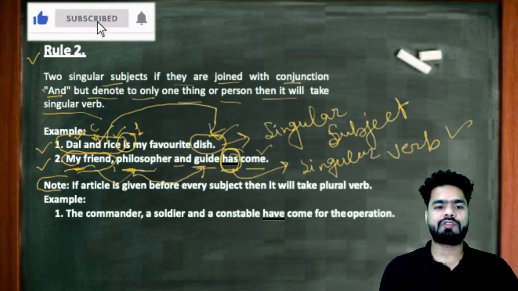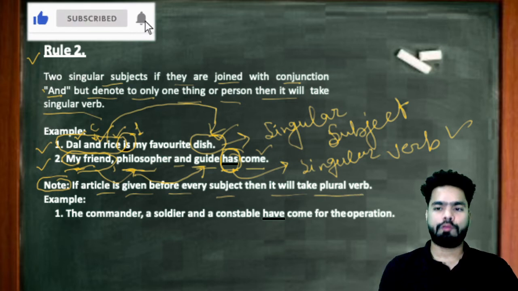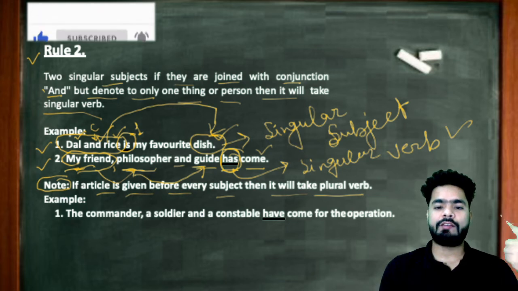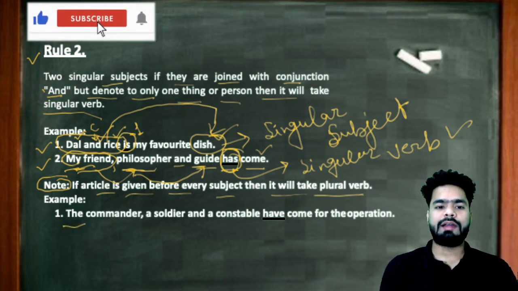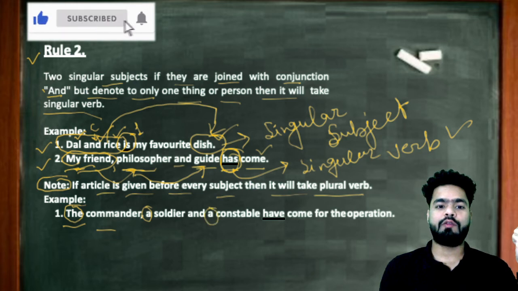Note, we have some exception over here. If an article is given before every subject, then it will take a plural verb. If an article is given before every singular subject, then it will take a plural verb because the subjects will be counted as plural. How? The commander, an article is there, the commander. A soldier, which means an article is there again, and a constable, which means they are not one person, they are different people. The commander is one, the soldier is second, and the constable is the third person.